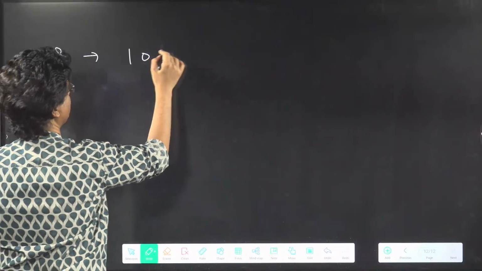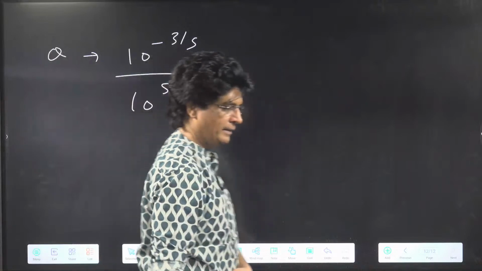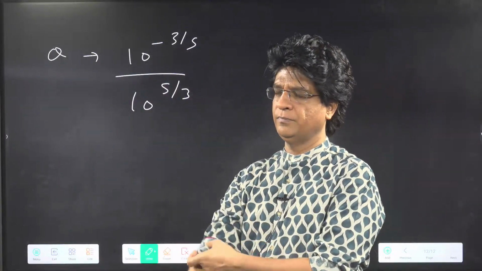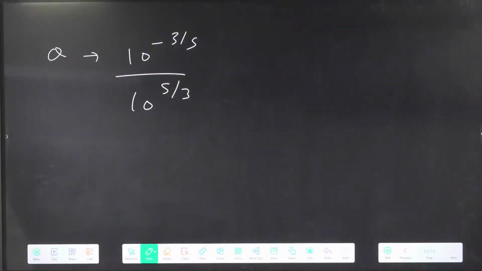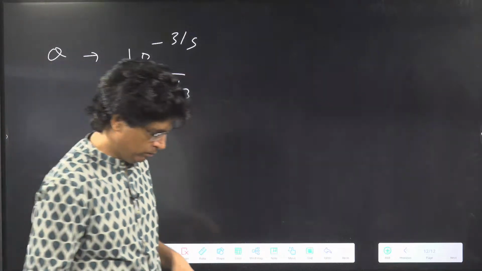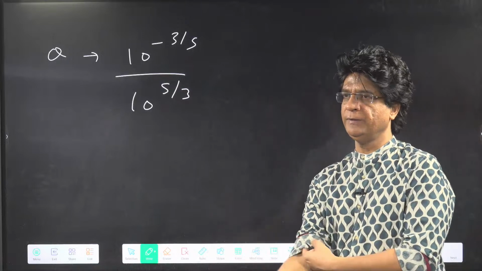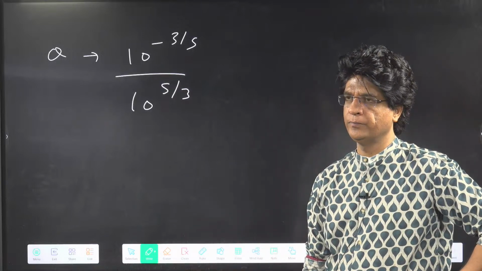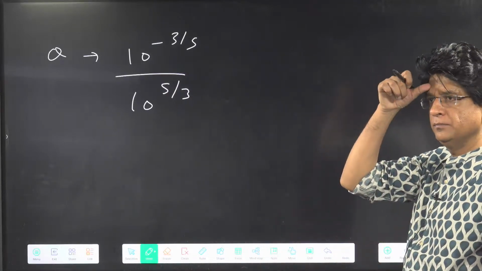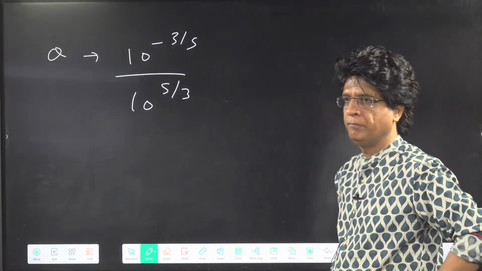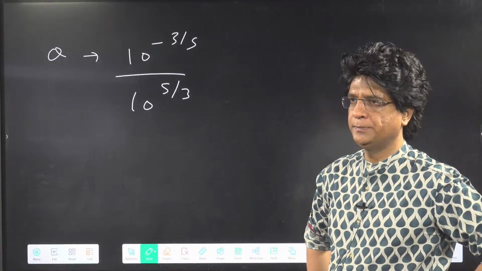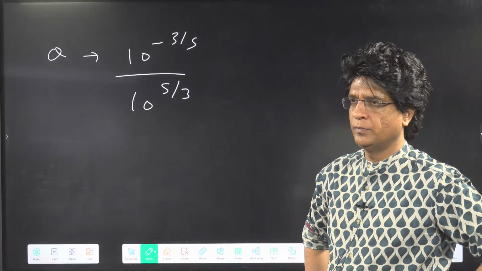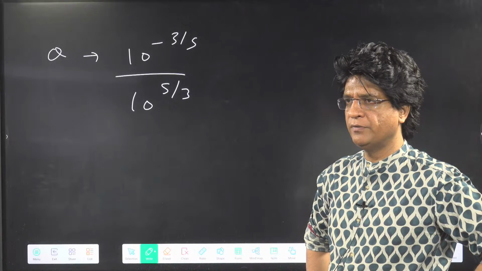This is 10 to the power of minus 3 by 5 and 10 to the power of 5 by 3. Come on. Help yourself. We have decided this is 10 to the power of minus 34 by 15 or 34 by 15 or 31 by 15, whatever it is.